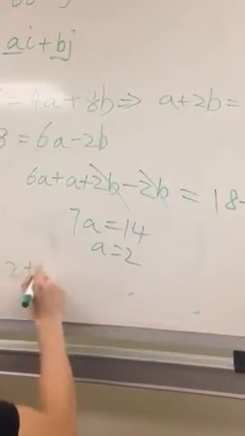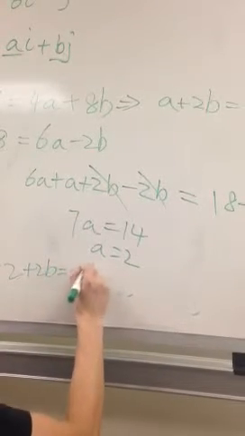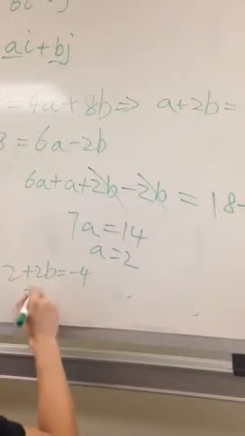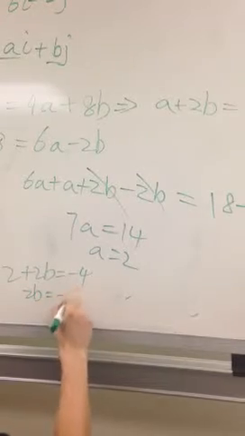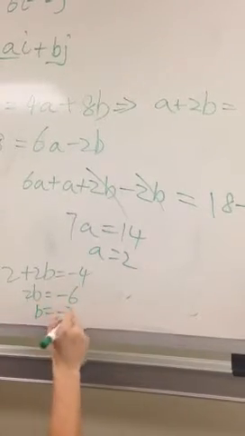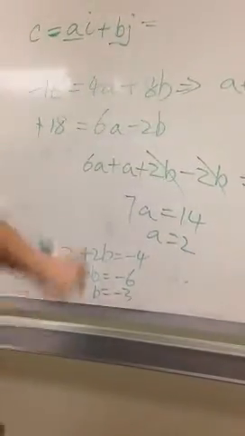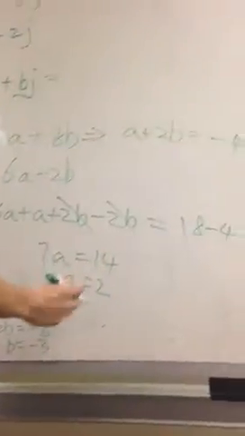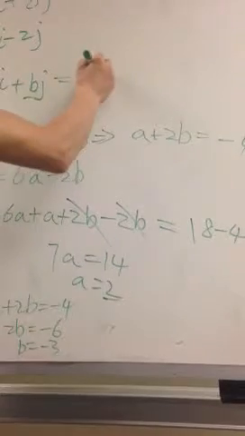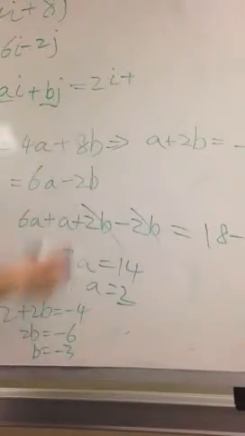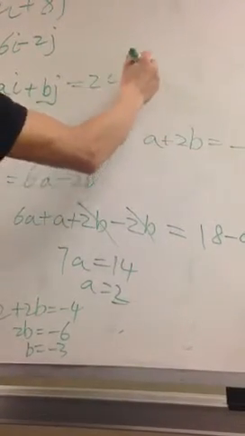2 plus 2B is negative 4. 2B is negative 6, and B is negative 3. So here we know C is 2i plus 3j.